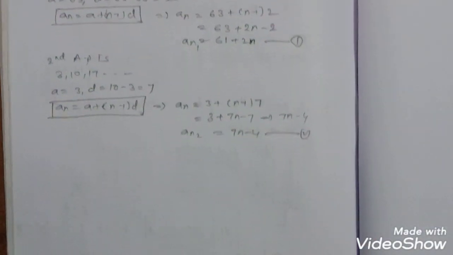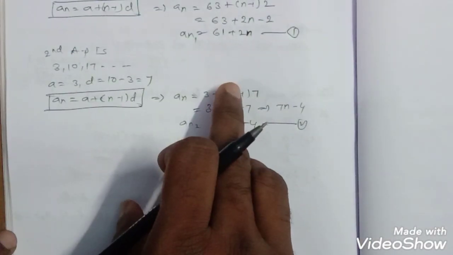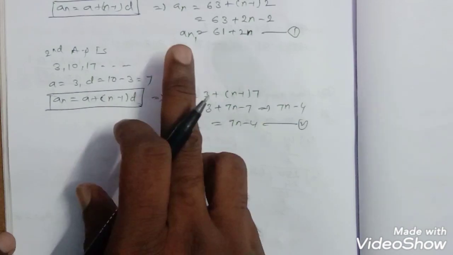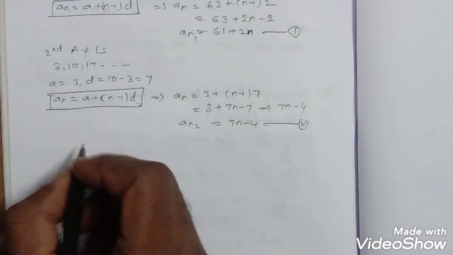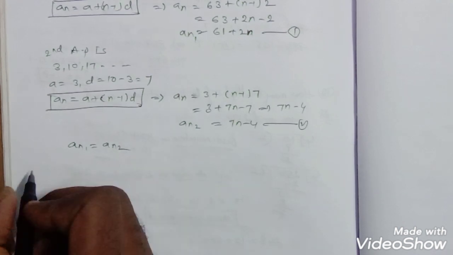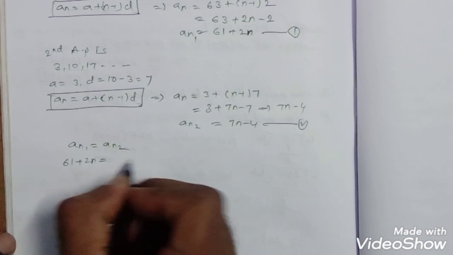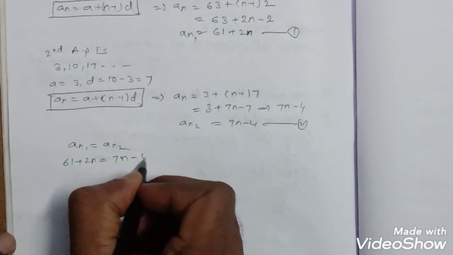So after that we have to show these two values are equal, because in the question they have given that the two arithmetic progressions' nth terms are equal. So I can write this as an1 is equal to an2. Now what is an1 here? 61 plus 2n is equal to an2, which is 7n minus 4.